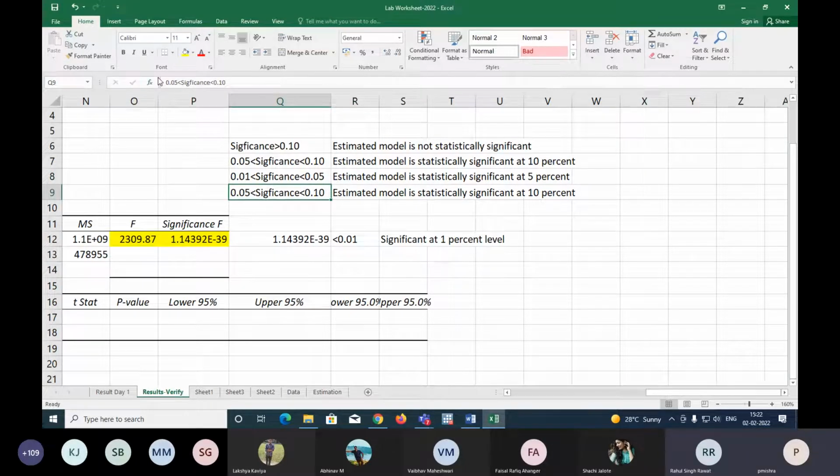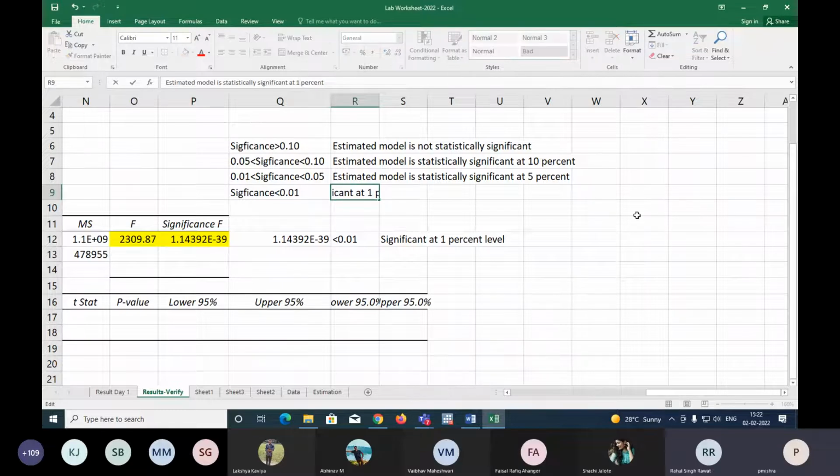Last one is, suppose this significance level is less than 0.01. Then we'll say the estimated model is statistically significant at 1%.